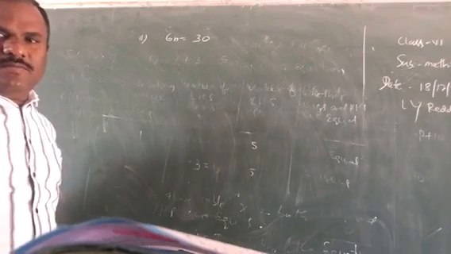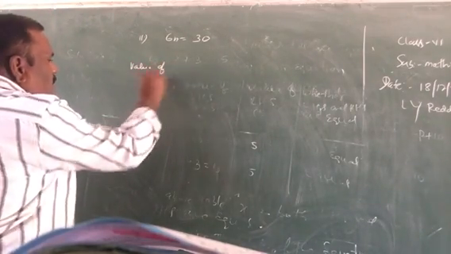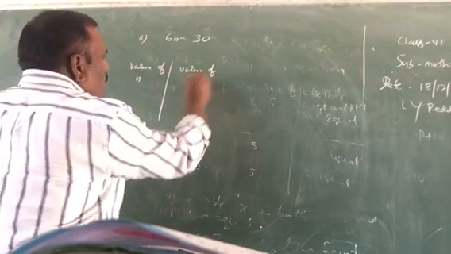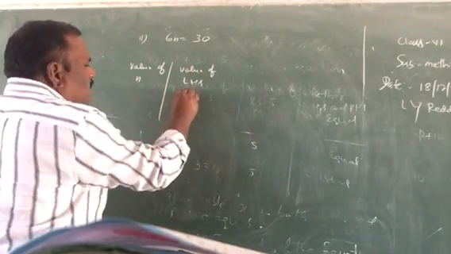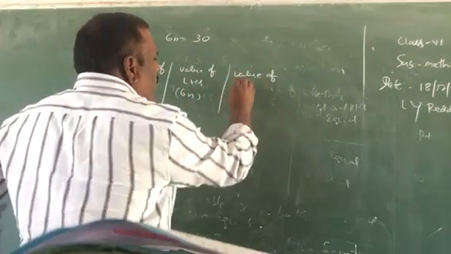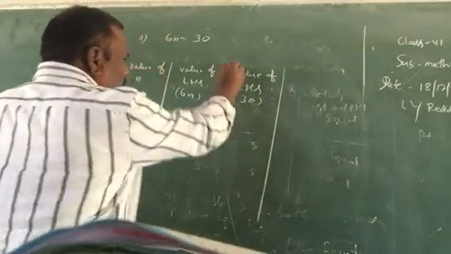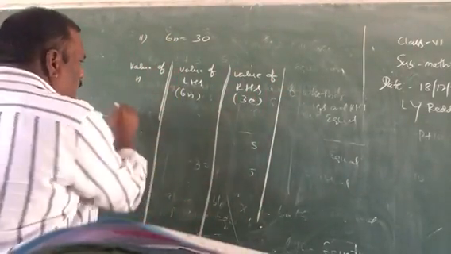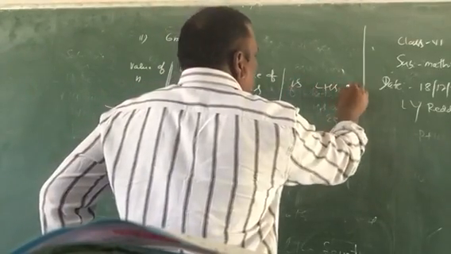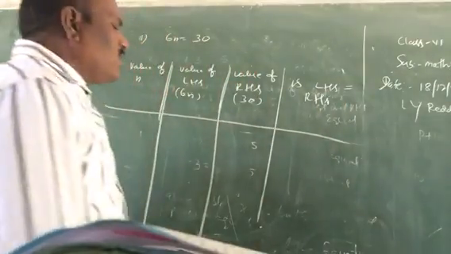First write the value of n, the value of LHS, that is 6n, and the value of RHS, that is 30, and check whether LHS is equal to RHS.